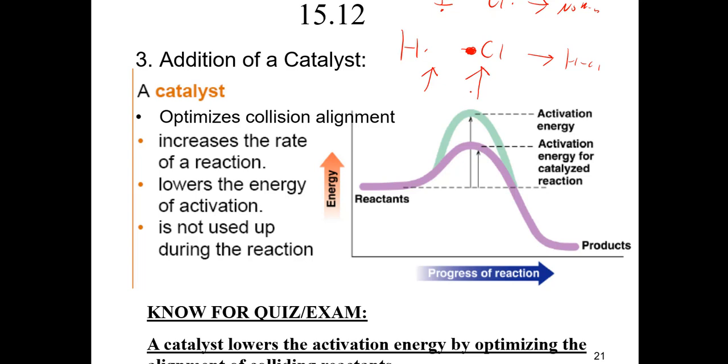Or it will require a lot more energy for the reaction to occur. So what a catalyst does is it optimizes the collision alignment. Think of a Pac-Man where it holds one of the reactants in its mouth, so that way the other reactant can go ahead and optimize its collision.